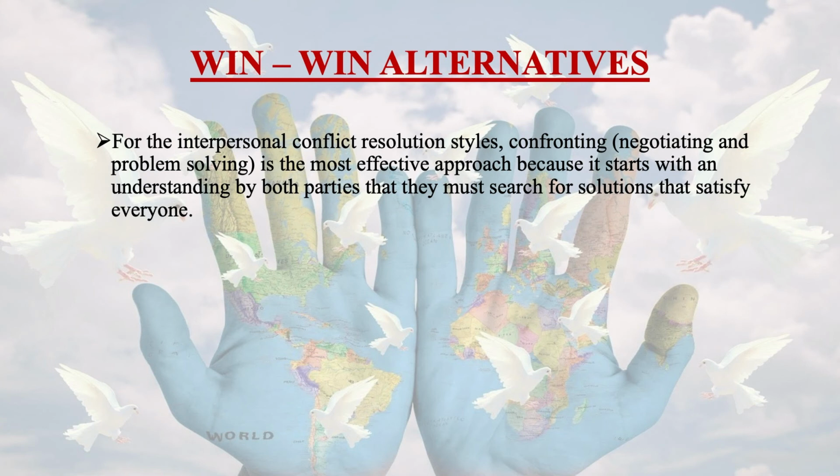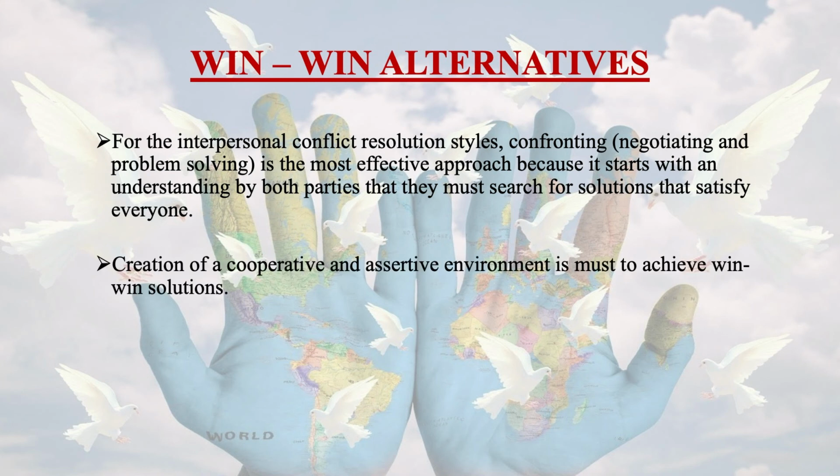After this, what are the different win-win alternatives? For interpersonal conflict situations, the resolution style of confronting, which means negotiating and problem solving, is the most effective approach because it starts with an understanding by both the parties that they must search for a solution that can satisfy everyone.